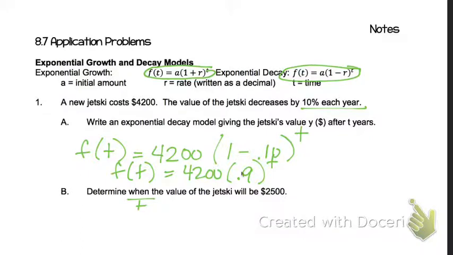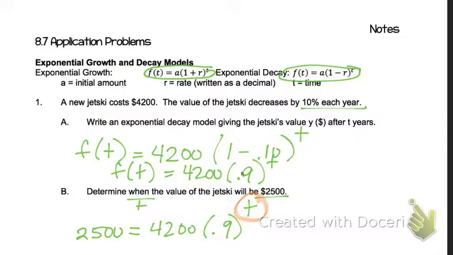So my final answer would be 2,500, and I'm solving for t. So I'm going to say 2,500 equals 4,200 times 0.9, right here, part B, to the t. And this is what I want to solve for.